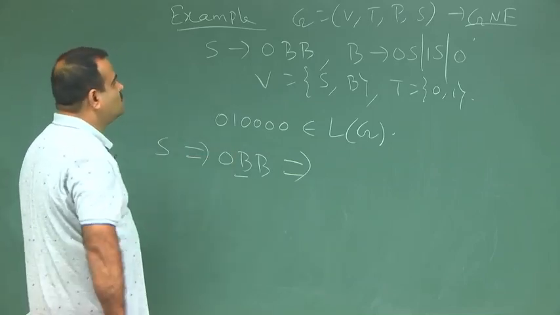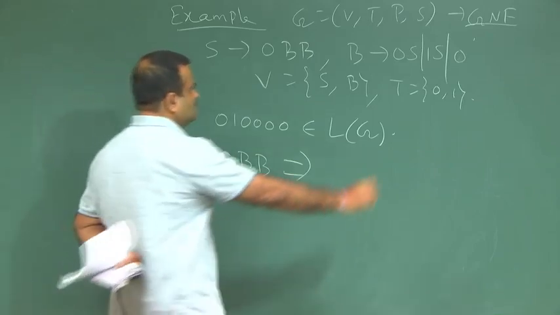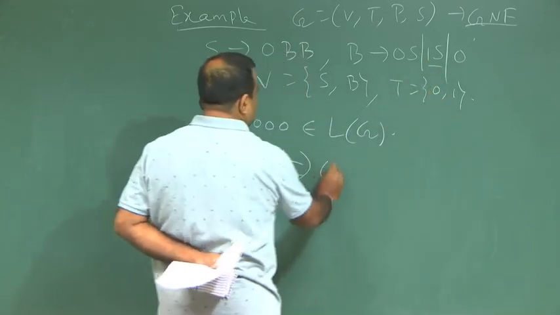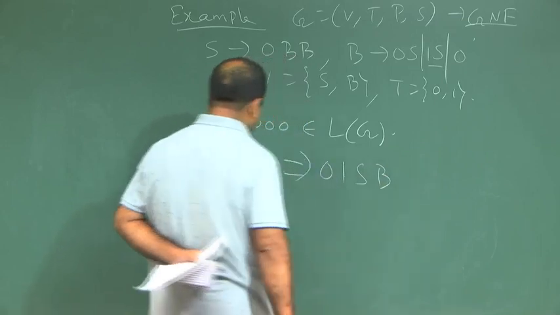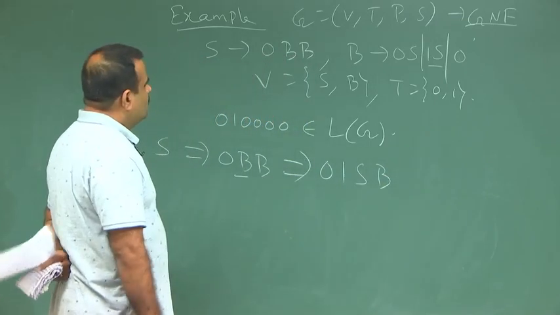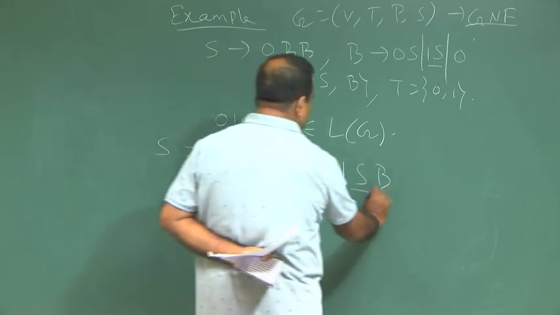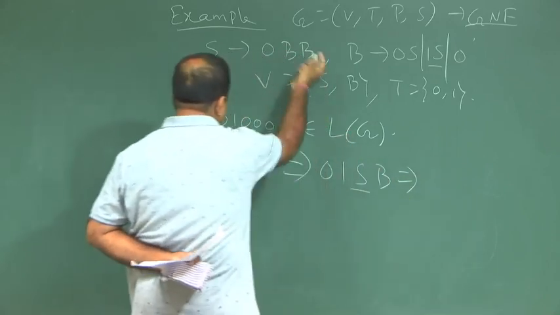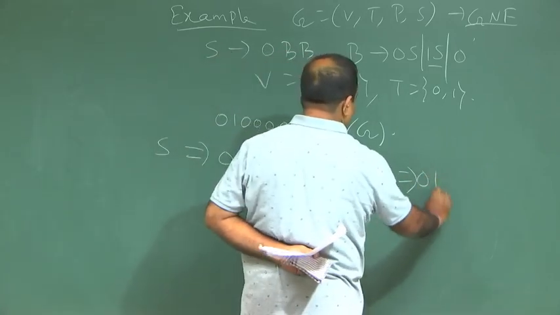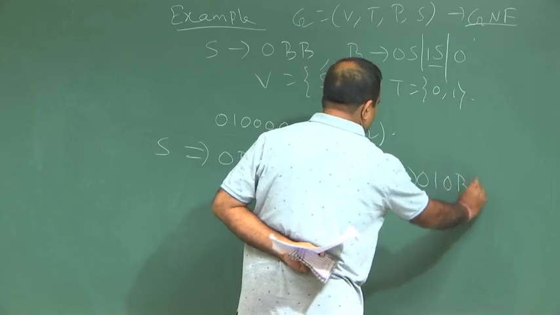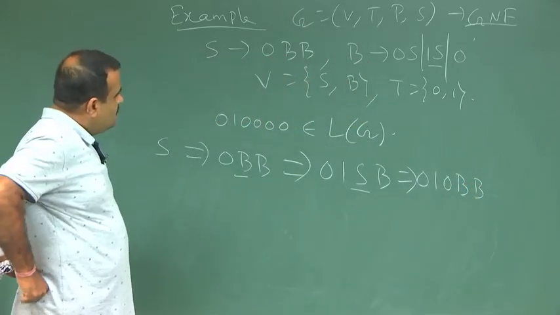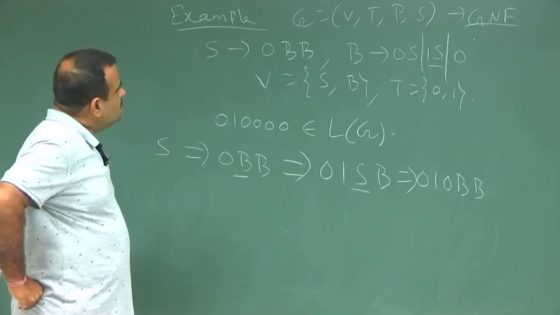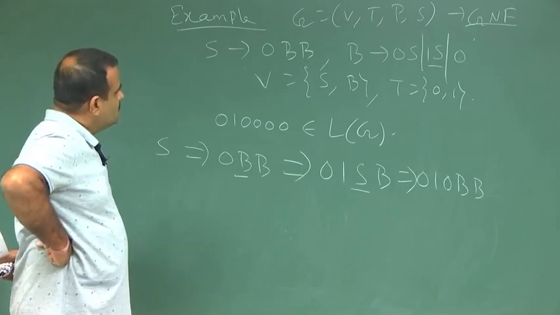So, we will take B going to 1 S, this move. So, 0 1 S B. Now, again this S we have only one option, 0 1 0 B B. Okay. So, 0 1 0 B B.